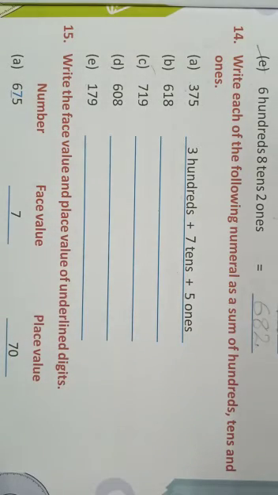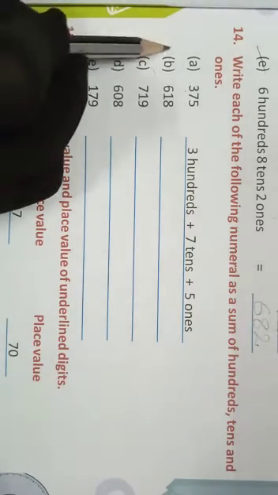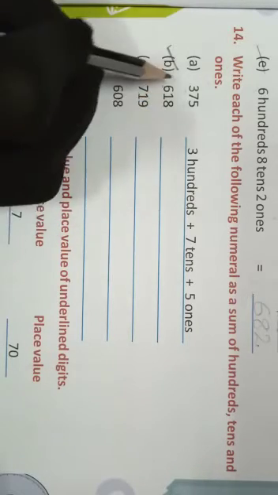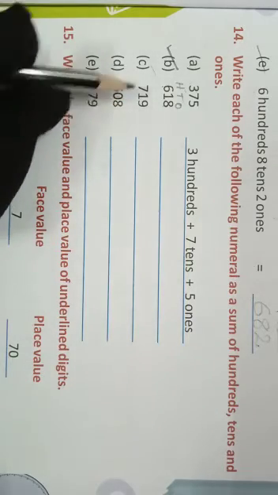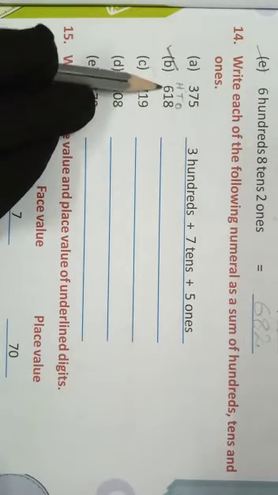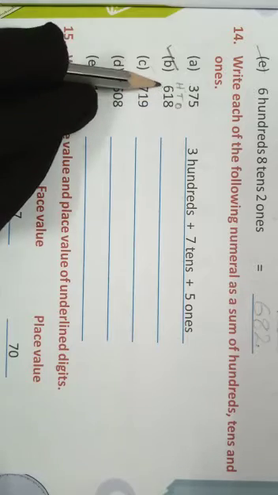Now we have to start the next one, that is 618. First you have to put the place value on it: ones, tens, 100. Now this is an easily readable number, 618. That means 6 at hundreds position.